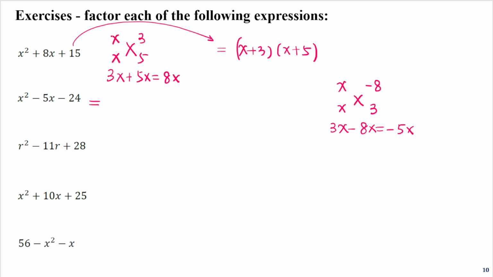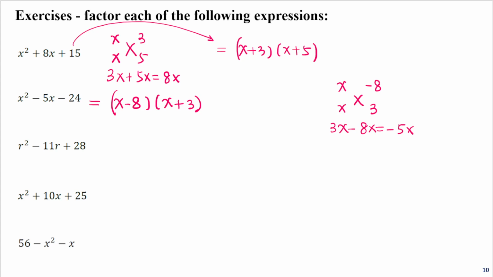So this equals x minus 8 times x plus 3. Not x plus 3 times x, not x plus 8 times x minus 3, but x minus 8 times x plus 3. Okay, careful with that.